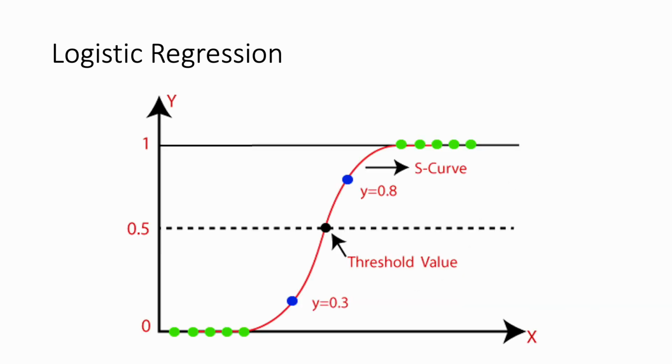Logistic regression will combine these independent variables to predict the probability of an event occurring. The output of logistic regression is in the range 0 to 1, and it can be used for classification by choosing a threshold.